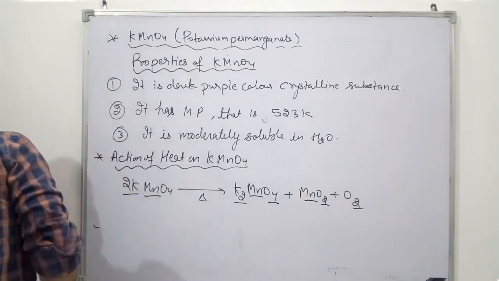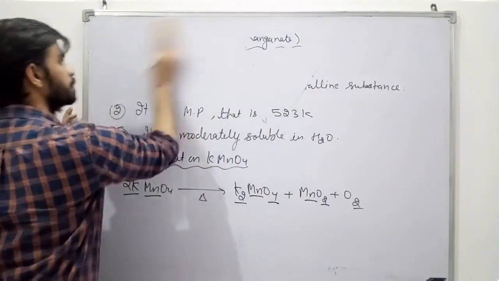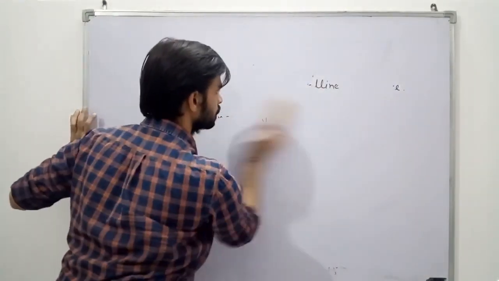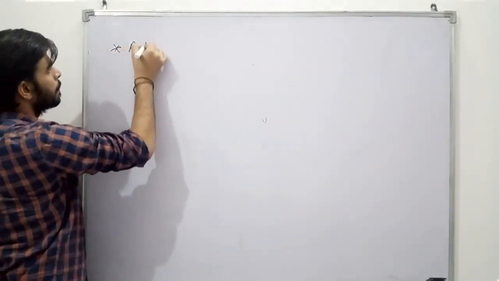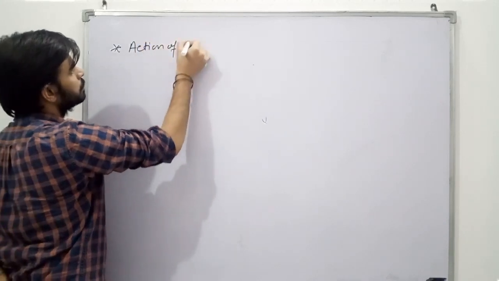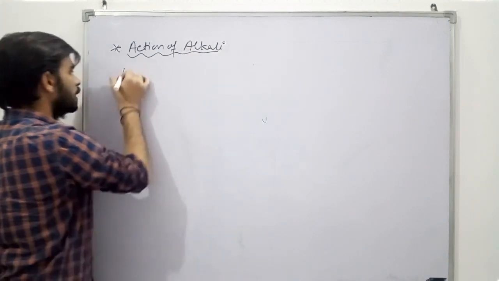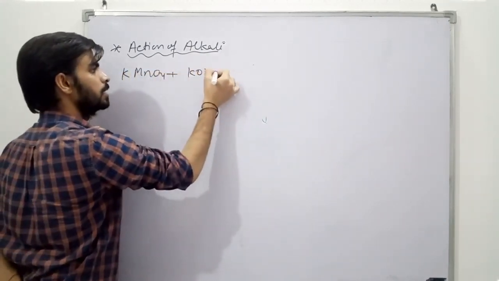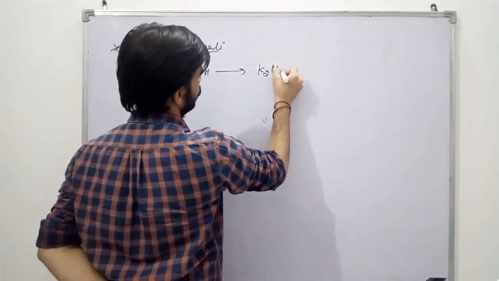Now next, action of alkali. When potassium permanganate is treated with KOH, then K2MnO4.